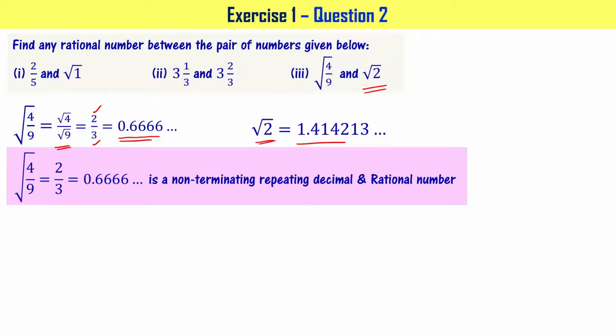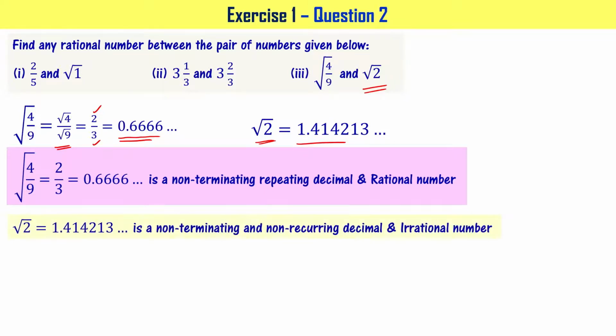So we said that 2 by 3 is a rational number and root 2 is an irrational number, right? For that reason, we are not simply applying the procedure we learned earlier, right? What I'm going to do is I'll write one number between 0.666 and so on and 1.414 and so on, right?